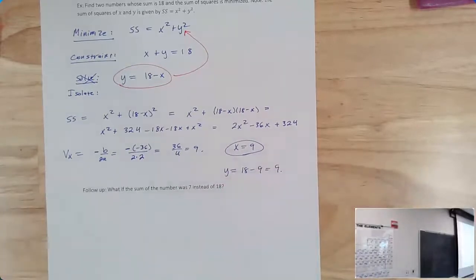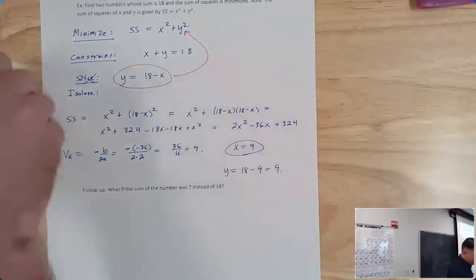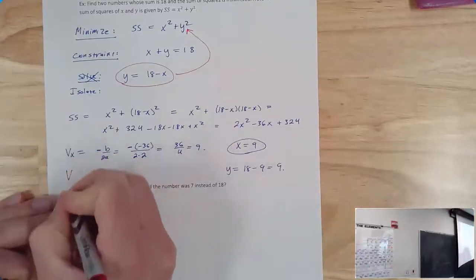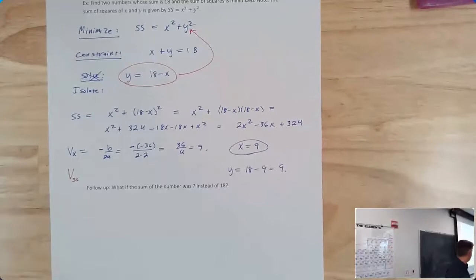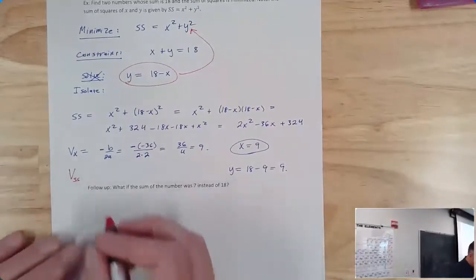But I want to really stress here, if you happen to start thinking about the other coordinate of the vertex, I really don't want you to think of it as V sub Y. It's the coordinate that is the sum of the squares. If you found the other coordinate of the vertex, I'm just going to do it to show you what you would get.